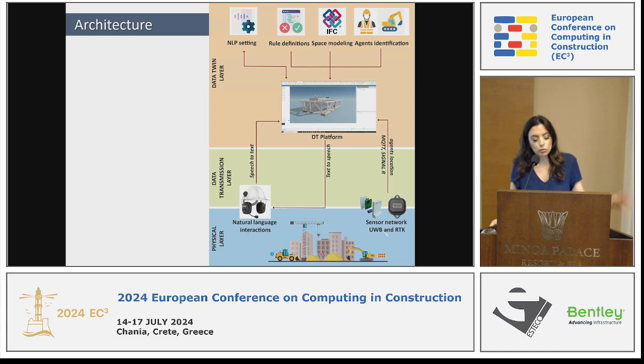The previous research was quite static, then we added the dynamic part for the digital twin development, and we used the digital twin platform because this was the environment where we can define the rules, define the spaces, and for defining the spaces we decided to use BIM IFC, and define all the agents that are involved in safety.